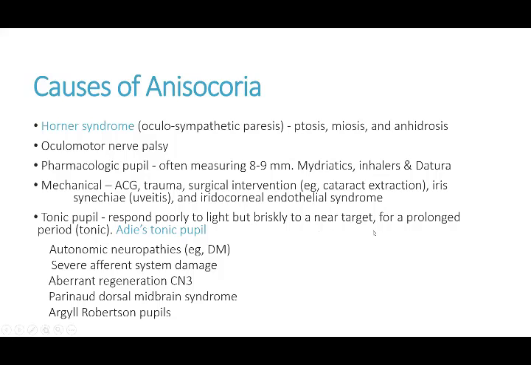So if you put light in the eye, the pupil will not constrict so much, but if you give them a near object to look at, they will constrict. This is called tonic or Adie's tonic pupil. Besides this, there are autonomic neuropathies like in diabetes, severe afferent system damage, aberrant regeneration of the third nerve, usually after Bell's palsy, Parinaud dorsal midbrain syndrome, and Argyll Robertson pupil.